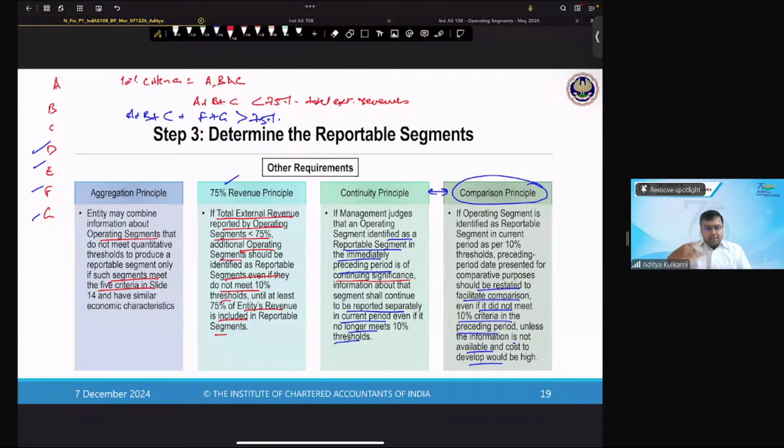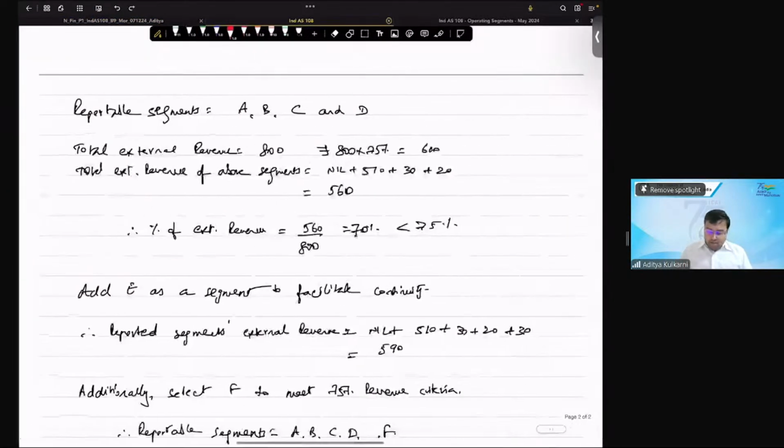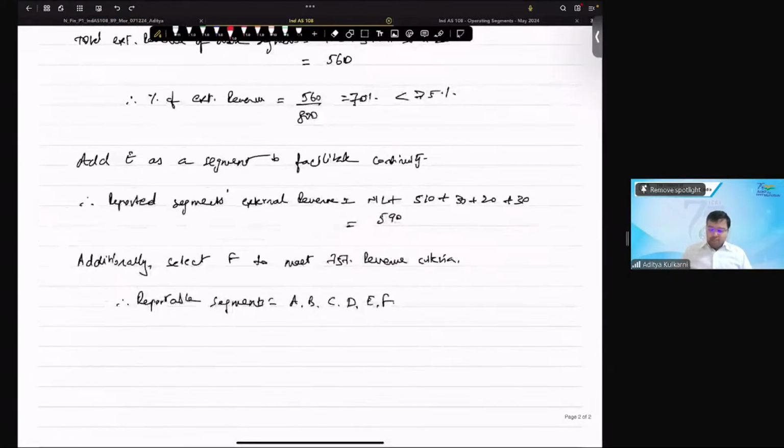So even now, if management is of the opinion that nothing significant is achieved by keeping E reported, I can say I will not disclose anything pertaining to E. Continuity is not important because today E is not a significant segment.